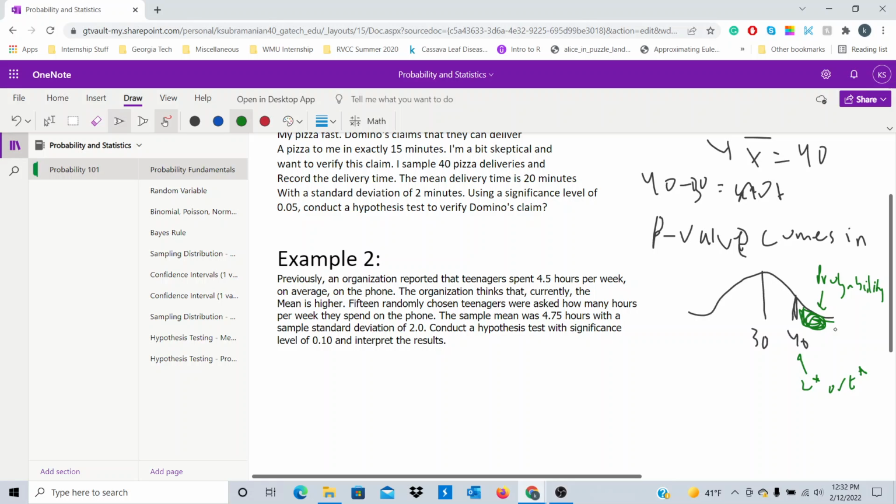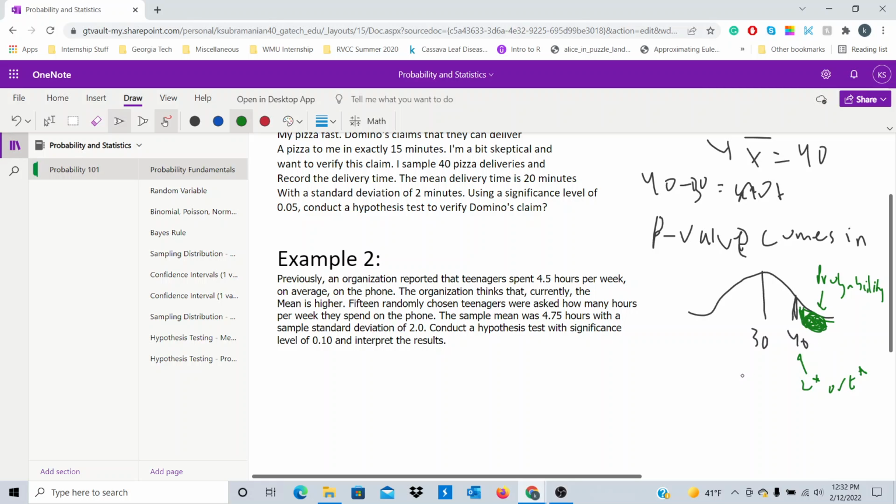So that's where we might want to reject it. The intuition behind the p-value is we want this area in green to be as small as possible, because that will signify that the sample we're getting is not due to random chance. It's not just from random noise. This sample actually might highlight something significant, and we want to capitalize on that. So that's why for p-value, we generally want this area to be lower.